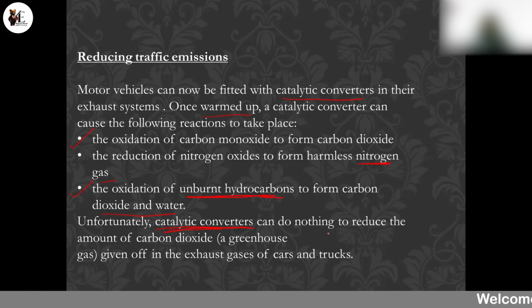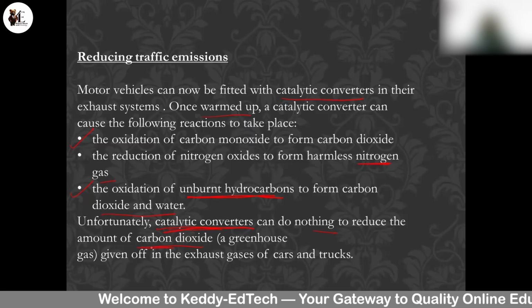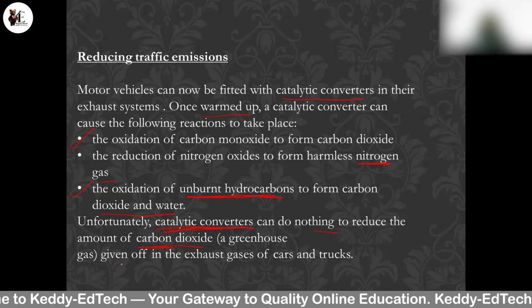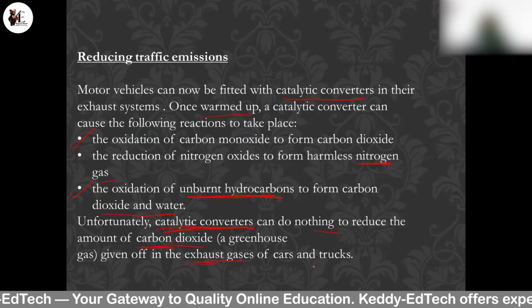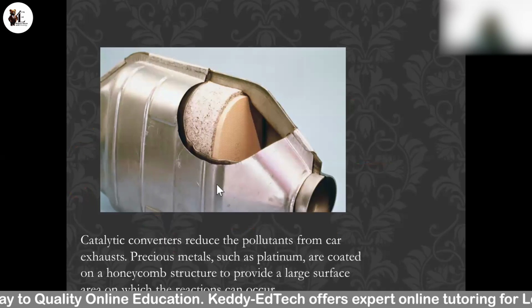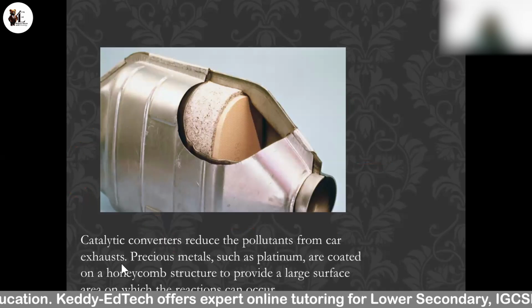Unfortunately, catalytic converters can do nothing to reduce the amount of carbon dioxide, which is a greenhouse gas given off in the exhaust gases of cars and trucks. So this is a catalytic converter. It reduces the pollutants from car exhaust.